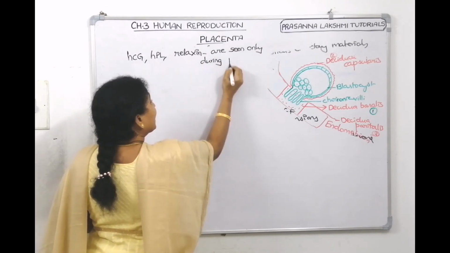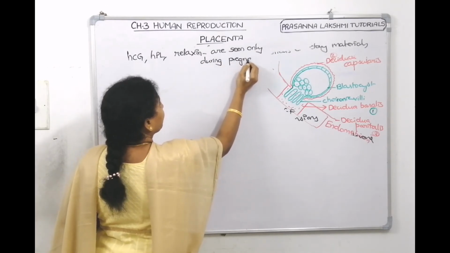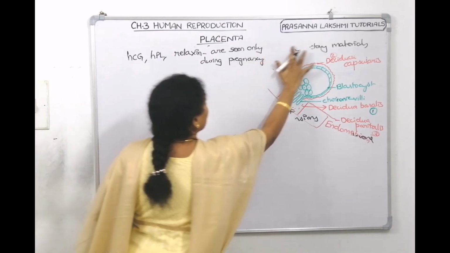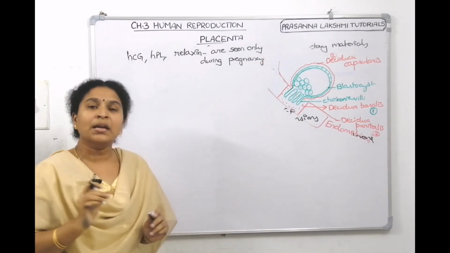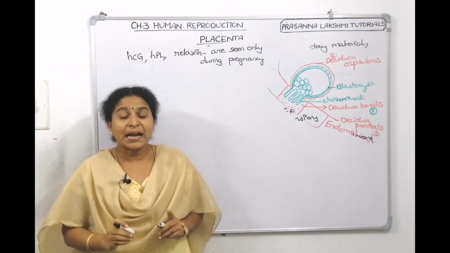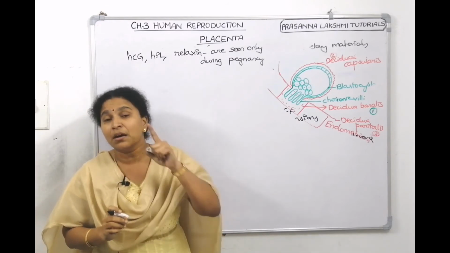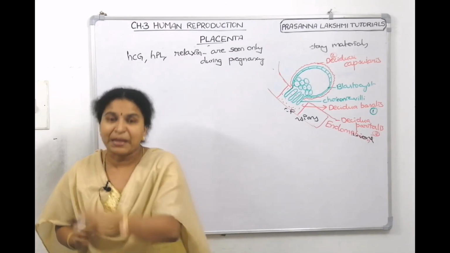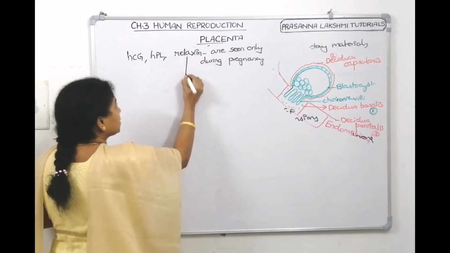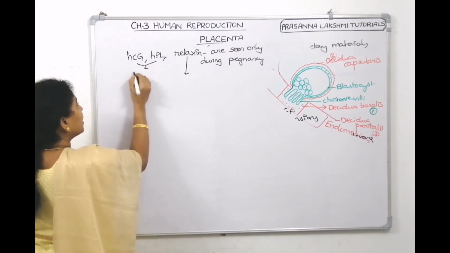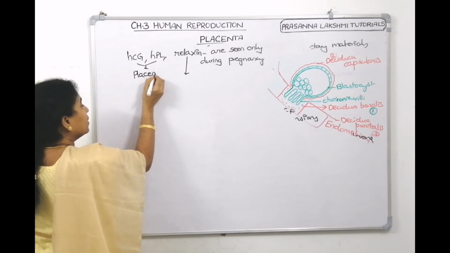These are the hormones which are seen only during pregnancy. Now, relaxin, I told, it is secreted by the ovary in the last months of pregnancy. These 2 hormones, you know, are secreted by the placenta.